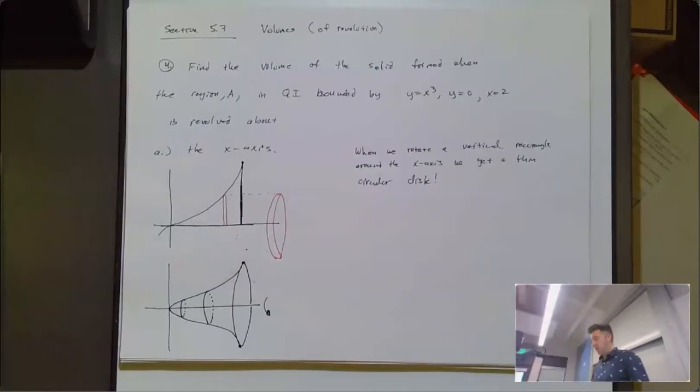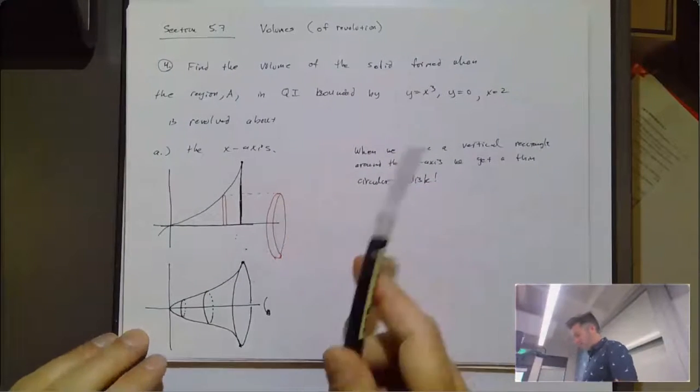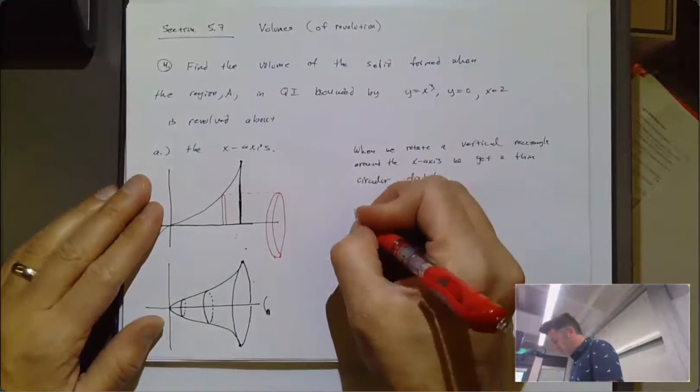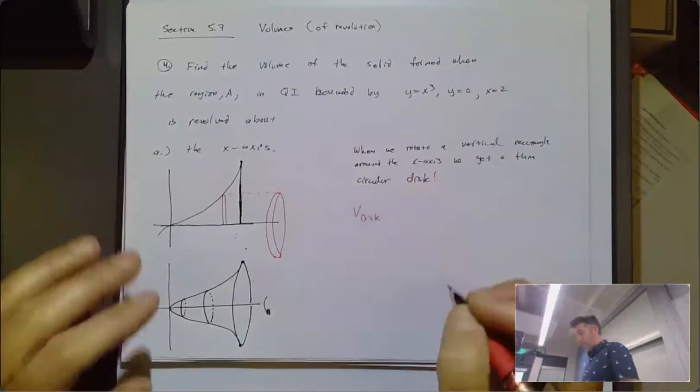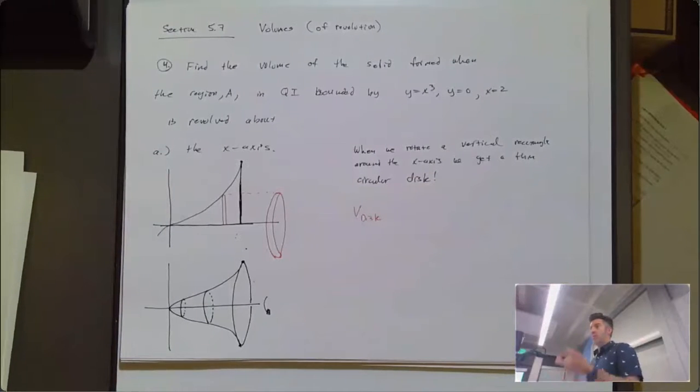So now what we're going to do is, instead of taking the idea of adding up a bunch of rectangles to find area, we're going to add up a bunch of disks to find volume. I should say, we're going to add up a bunch of volumes of disks to find total volume. So what is the volume of this disk? Well, very generally, it's a circle with some thickness.